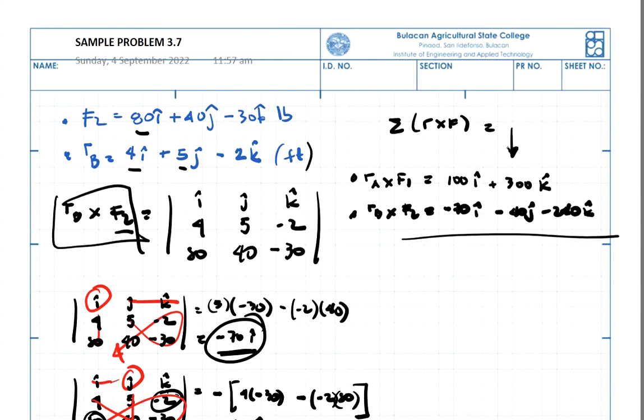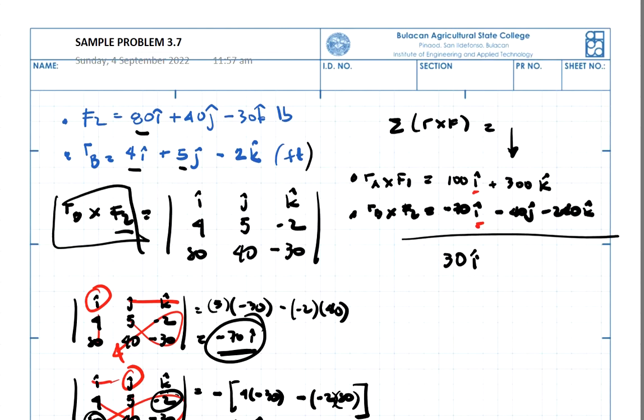So for the I component, we have 100 minus 70, so we have 30I.